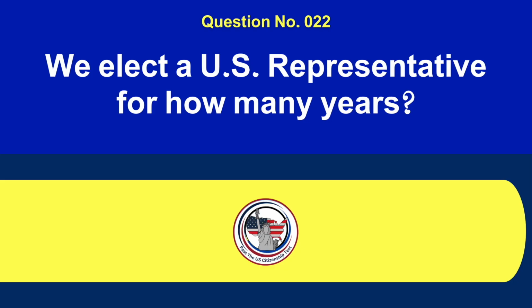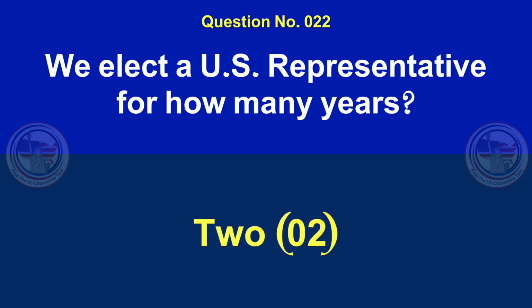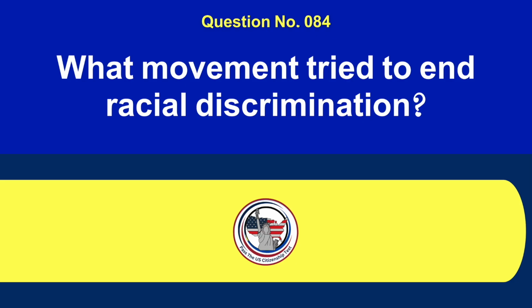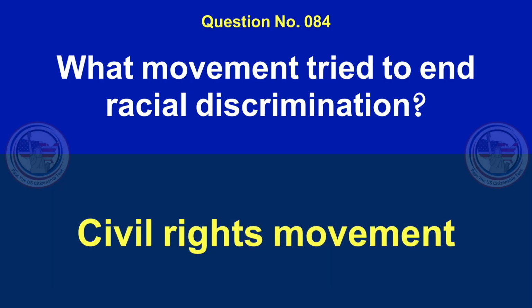We elect a U.S. representative for how many years? Two. What movement tried to end racial discrimination? Civil rights movement.